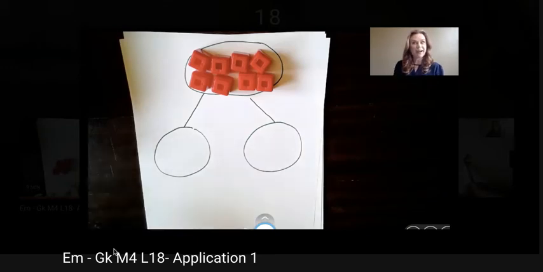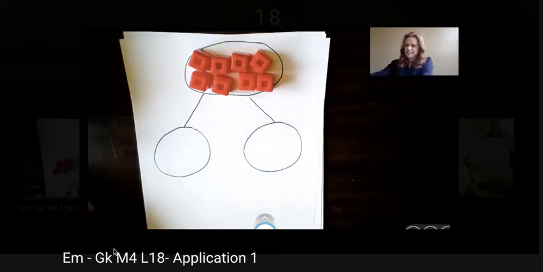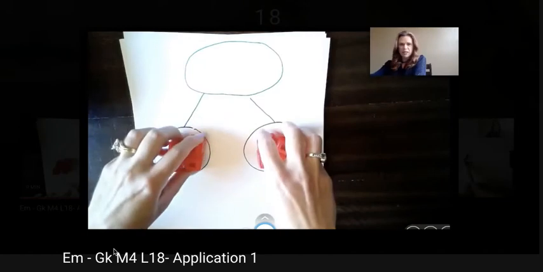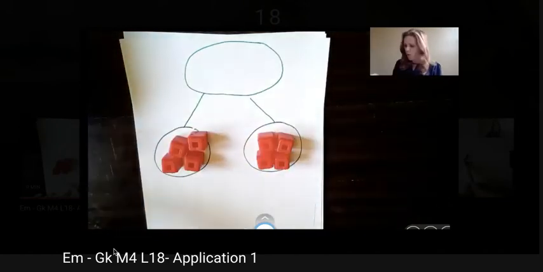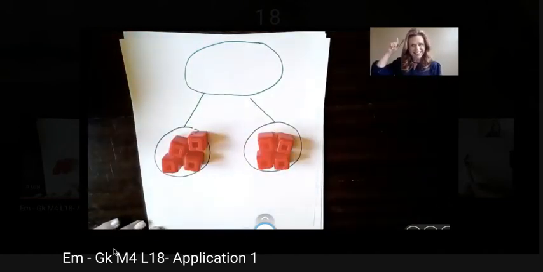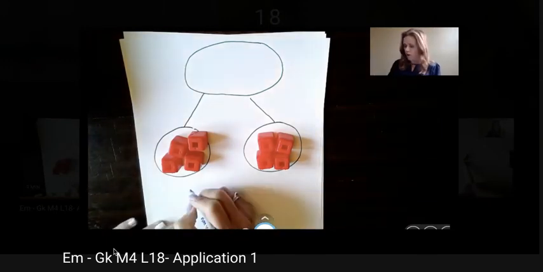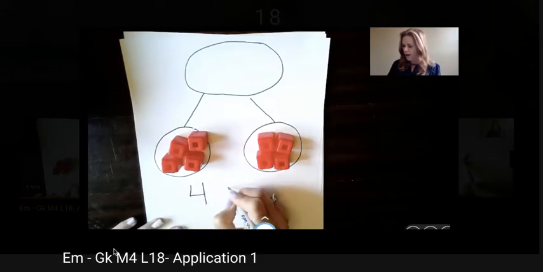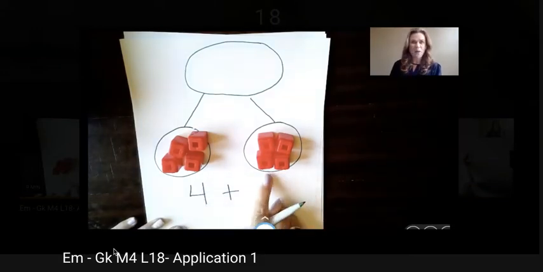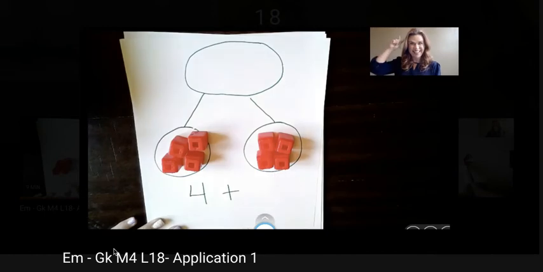Let's check your work. Are we ready? Let's start off how we were before so we can remember our number sentence. What is our first part? Think. Say it. 4. And what is our next part? Think.